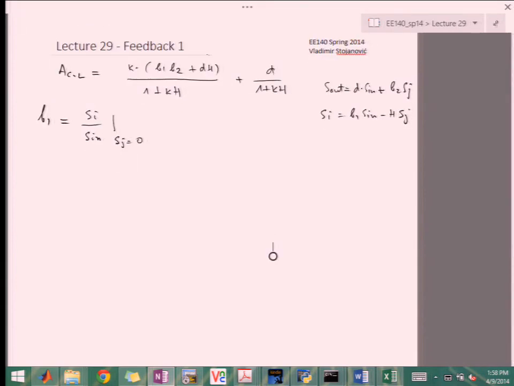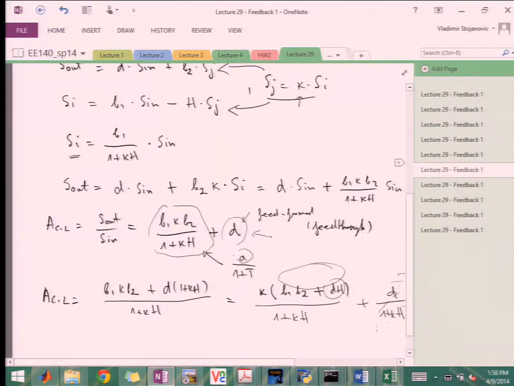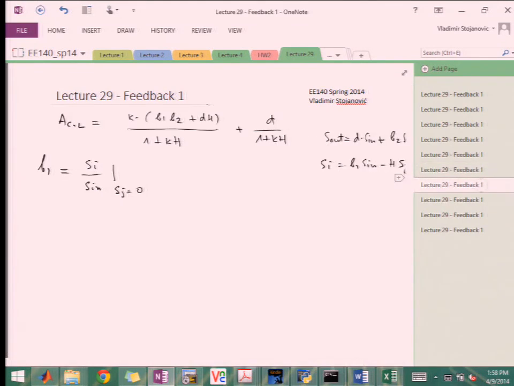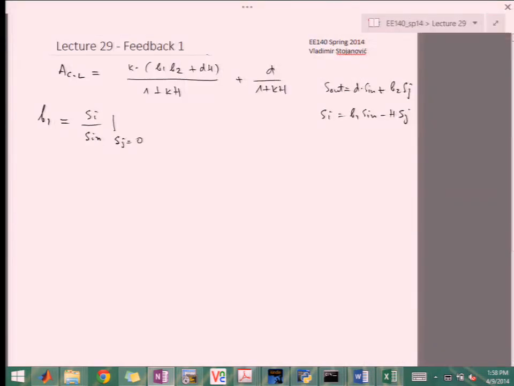Right? So in other words, if we go back to the circuit, if I null Sj, there's no feedback coming back. So my Si becomes B1 times Sin. Okay? So this is equivalent to the controlled source in an amplifier equals 0.